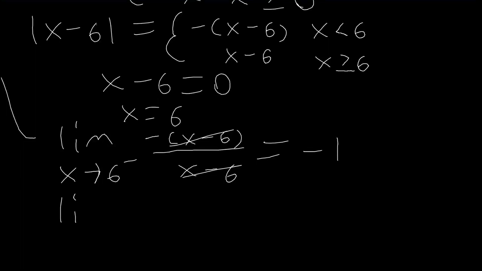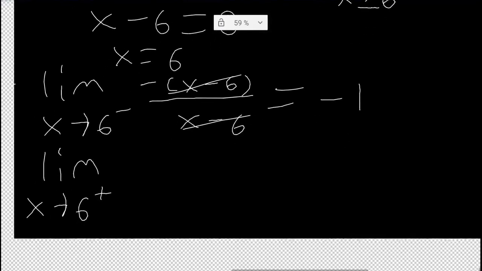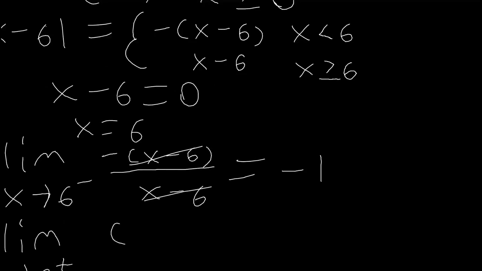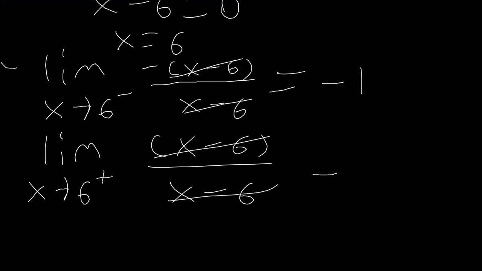And now let's do the same thing for the limit as x approaches 6 from the right. So it's going to be, because x is greater than 6 here, we can just use x minus 6 in place of the absolute value of x minus 6. And this is over x minus 6. So these cancel, and we're left with 1.